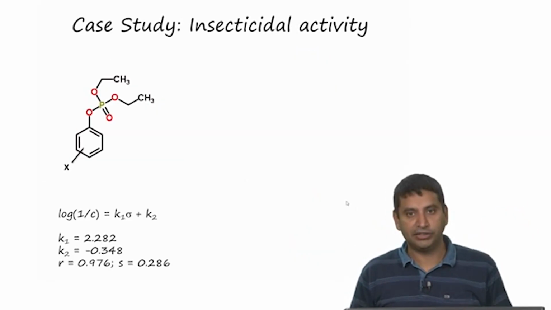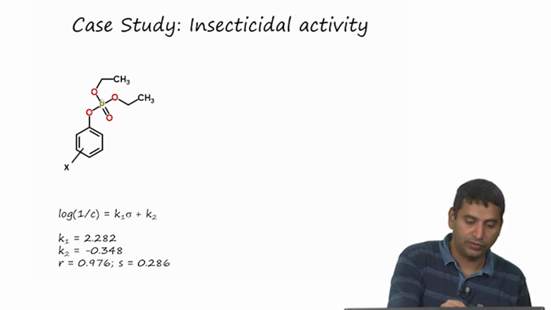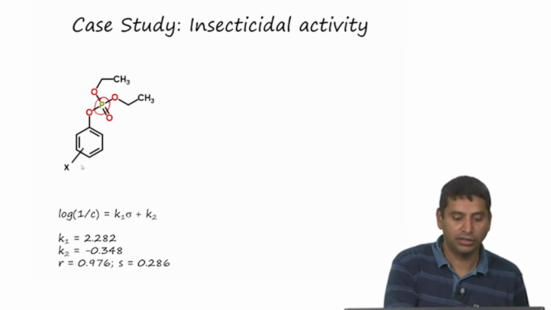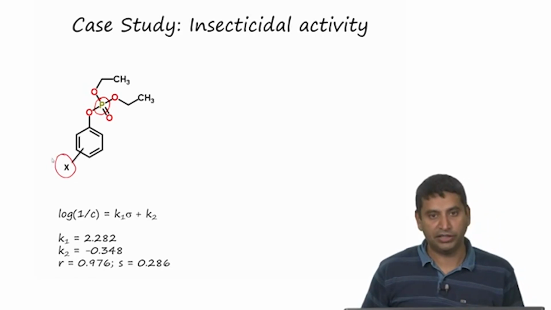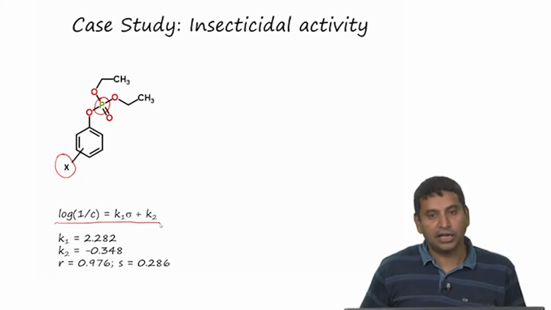Now, let us look at a case study where we have looked at the insecticidal activity of these organophosphates. Here, we have taken this phosphate and systematically changed the group on the benzene ring, and when I study the insecticidal activity, I get a QSAR equation of this sort.